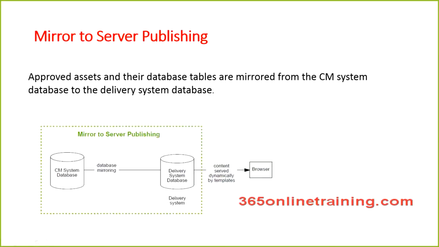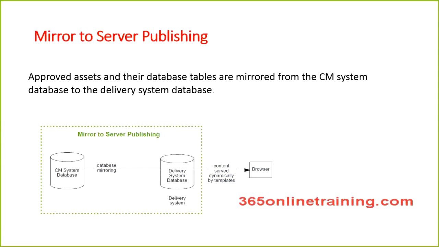When I say mirror, I mean that we have to copy all the tables into this destination from the source. So the first activity in publishing is to mirror those tables.